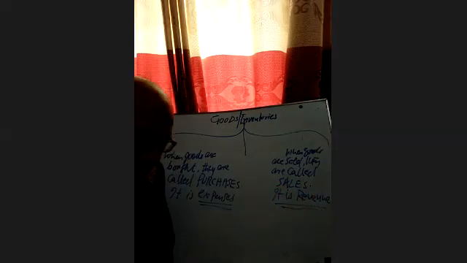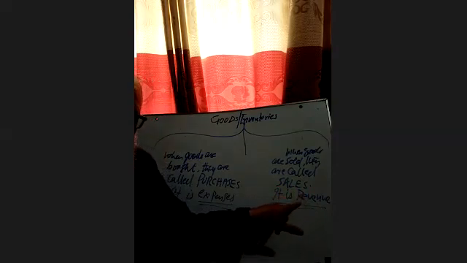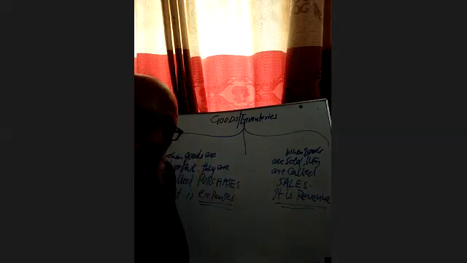So when we sell our goods, we will apply the revenue rule over here, right? Increase in revenue is credited and decrease in revenue is debited.